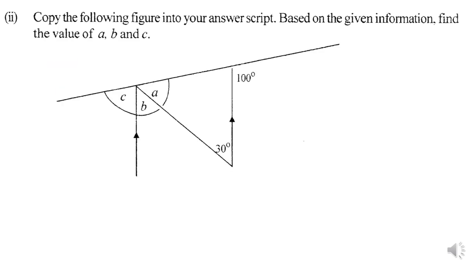Copy the following figure into your answer script. Based on the given information, find the value of a, b and c. You see these parallel lines, and b is obviously equal to 30 degrees because these two are alternate angles.